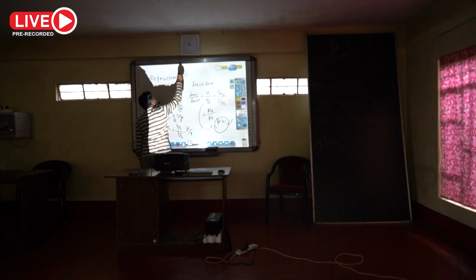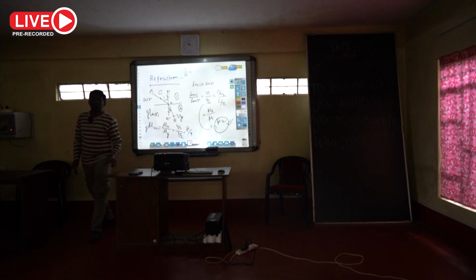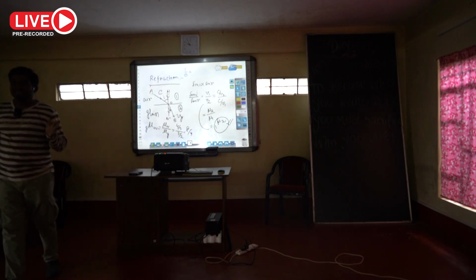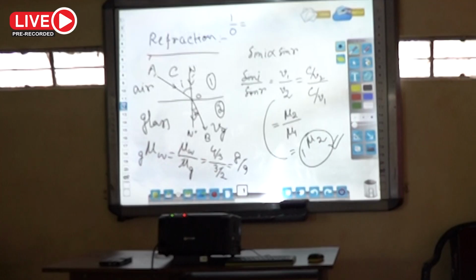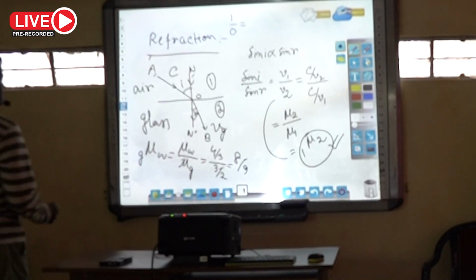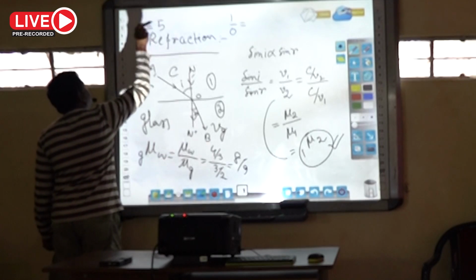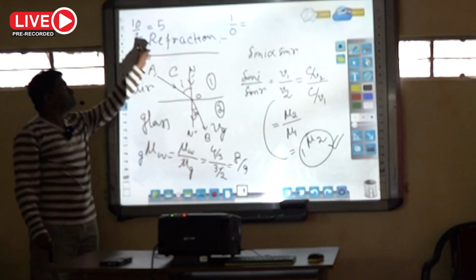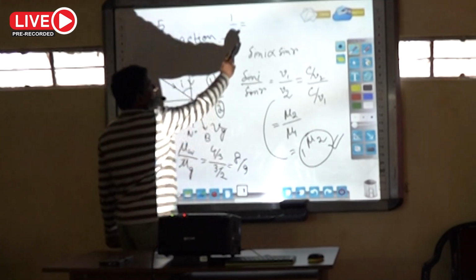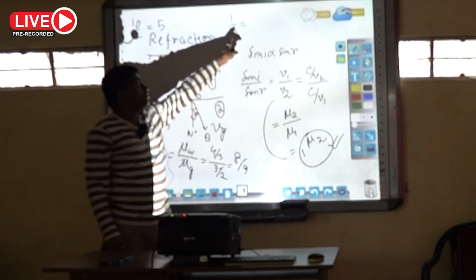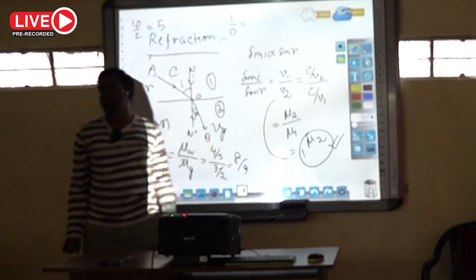Suppose I write 1 by 0. What is its value? Undefined, not infinite. Undefined means, suppose 10 by 2, that result is 5, we know, because if you multiply 2 with 5, you will get back 10. Now here, which number do I have to write, which multiplied by 0 will produce 1?